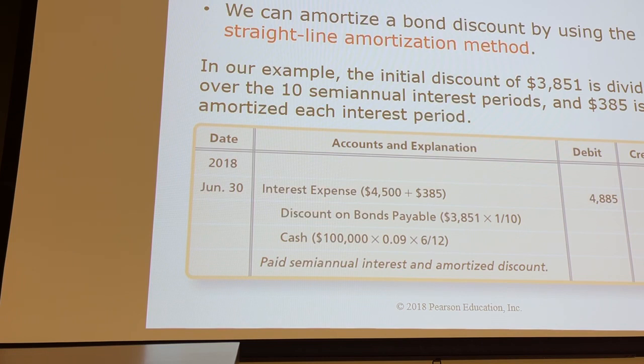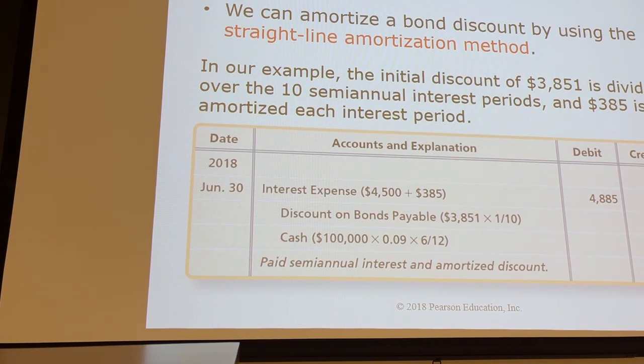Now, the amount of cash that we pay out to the investors is going to be the same regardless of whether we issued the bonds at face value or at a discount or at a premium, because it's always based on the stated rate that is printed on the bond certificate. So the amount of cash that we pay out is still going to be $4,500.